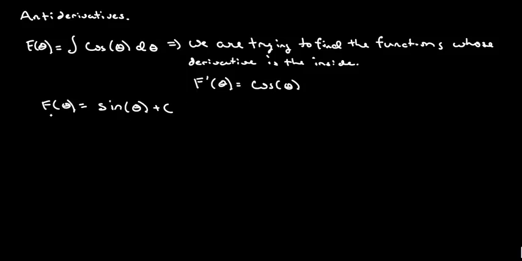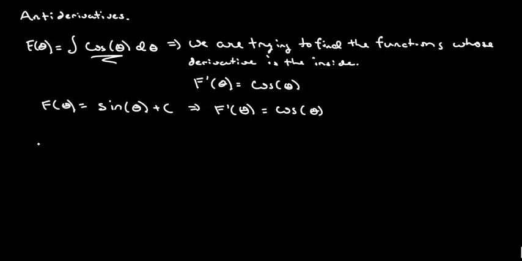So if we let large F be sine theta plus c, then that implies that the derivative of this guy is equal to the cosine. And that's perfect. That's what we want. We want it to be the inside.